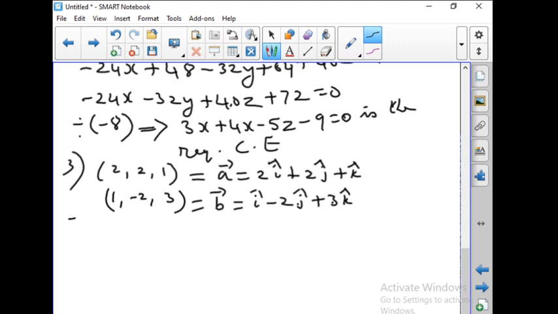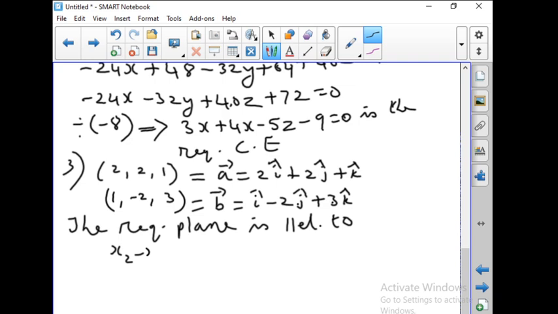So the required plane which we are going to find is parallel to x2 minus x1, y2 minus y1, z2 minus z1.